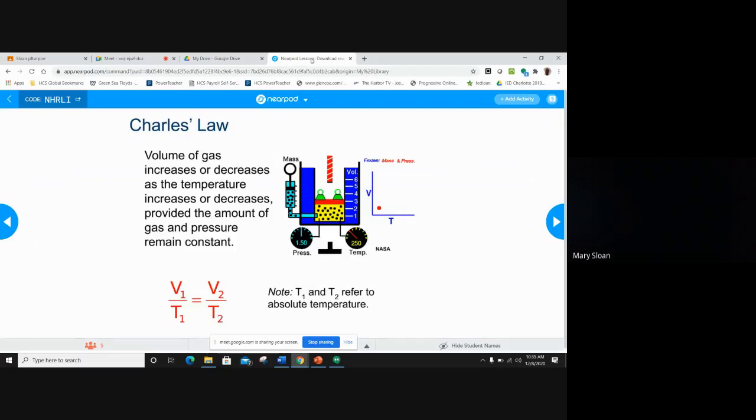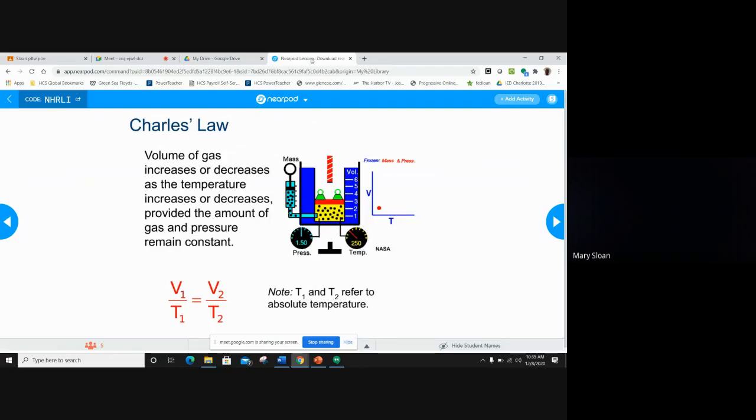Charles's law. Let's get our little square out again. Flip it over to where it says Charles's law. For Charles's law, we have volume 1, temperature 1, volume 2, temperature 2. The first thing I tell my children when I'm teaching gas laws is to make this equation linear.